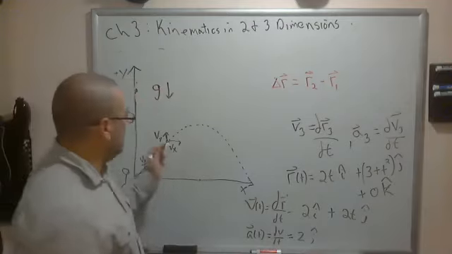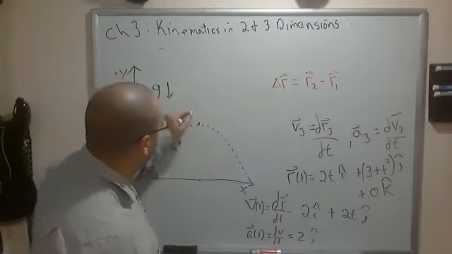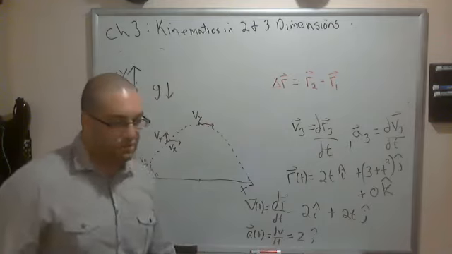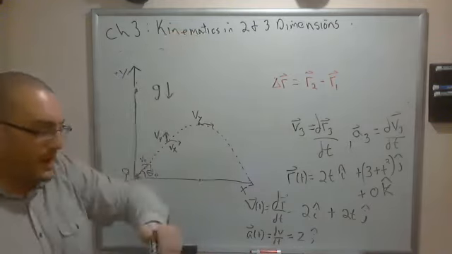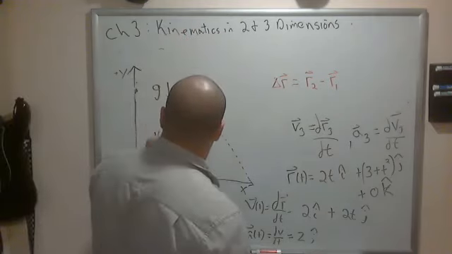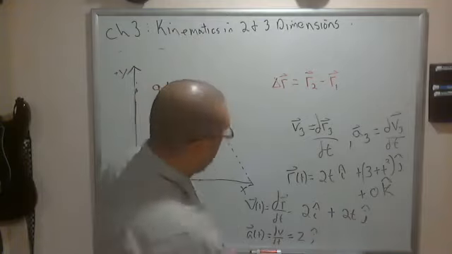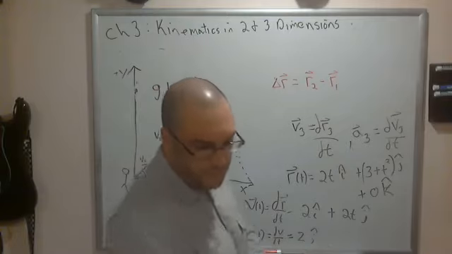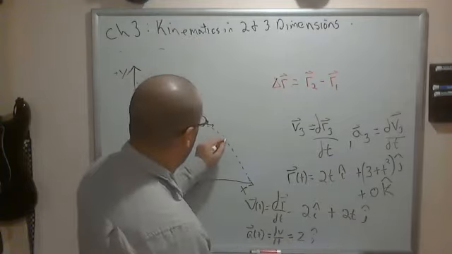So this would slow down, and then at the top here, the y velocity is 0, and it's completely in the x direction. Just like when we throw the ball upwards, at the top there's no velocity, and then it reverses on the way down. This is v, and so on and so forth.